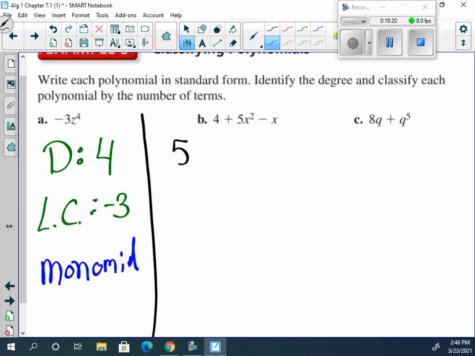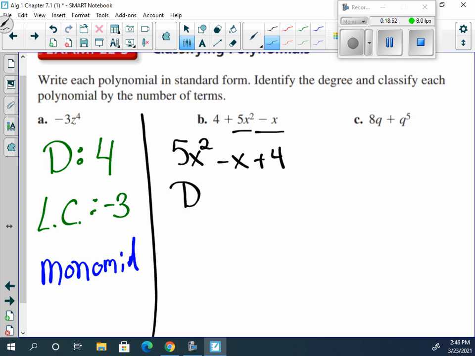So it has to go first. Now what term would go second? So we had x squared first, so the next lowest one would be minus x, plus 4. A constant term, the term without a variable, will always go last.